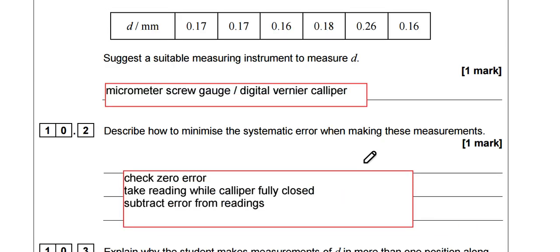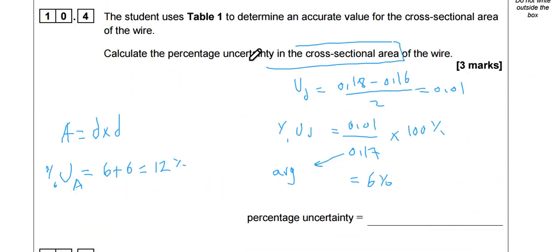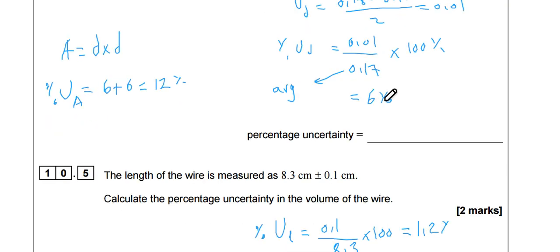Note here that we have this value, which is 0.26. It is anomalous because it is very large compared with the other values. So we got here 6%. Again, for cross section, it will be 12.